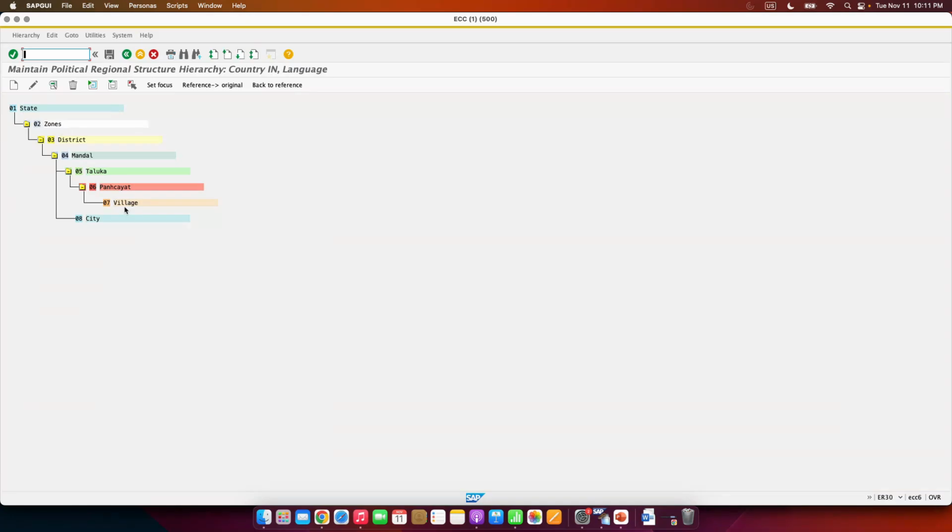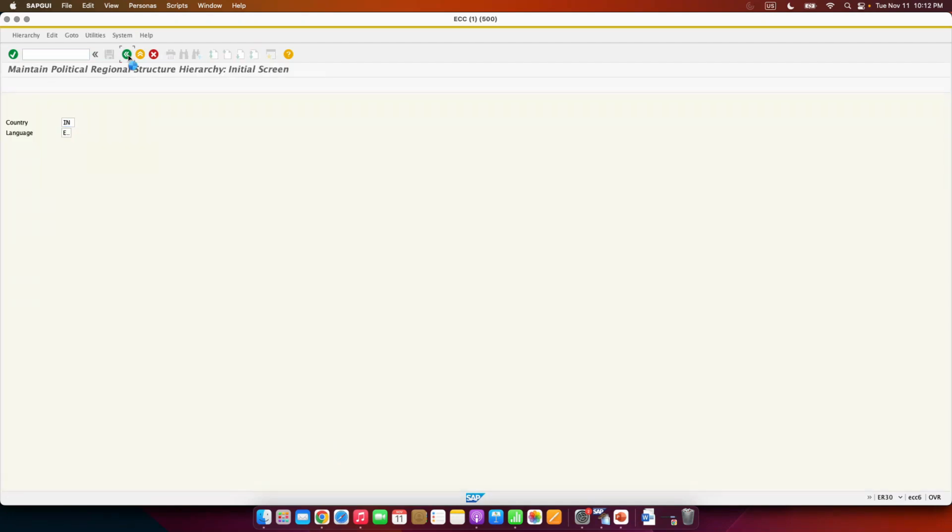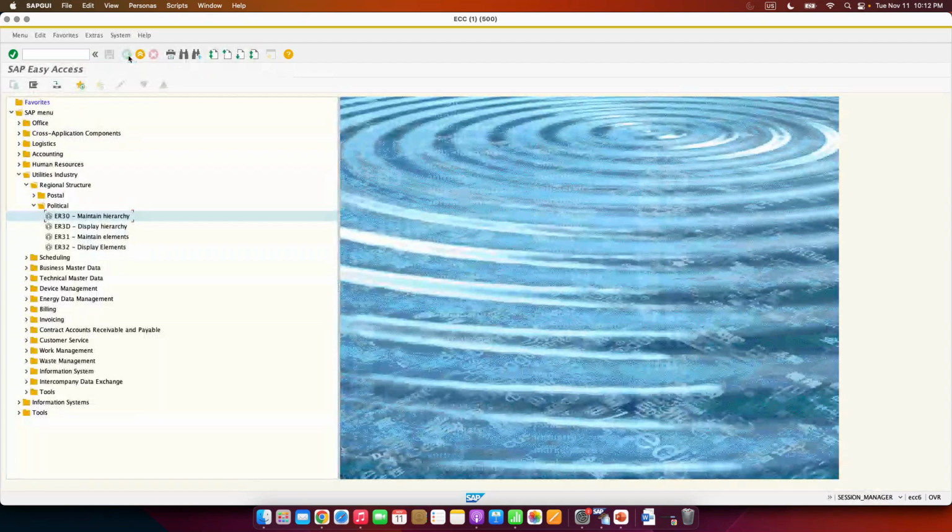This is the geographical structure. But now, if your utility company is providing local service areas, you need to classify them, correct? That's the reason in the second step you're going to maintain those elements. This is hierarchy and this is your elements.